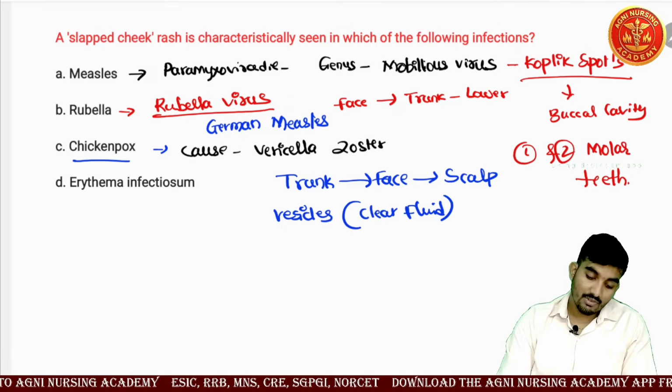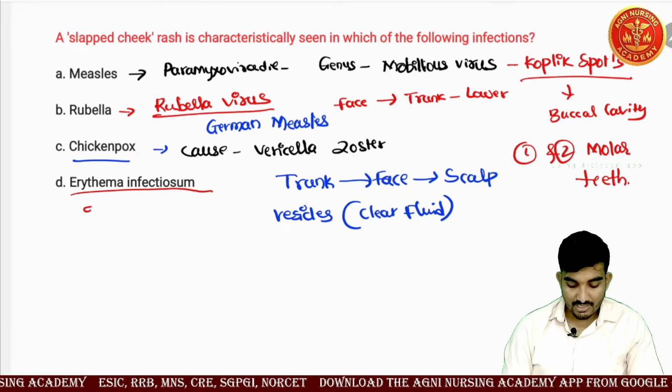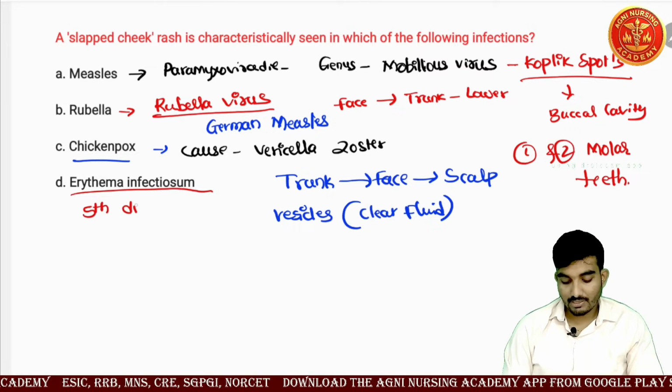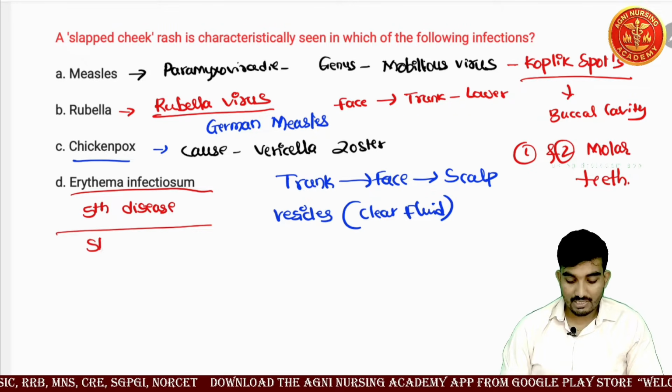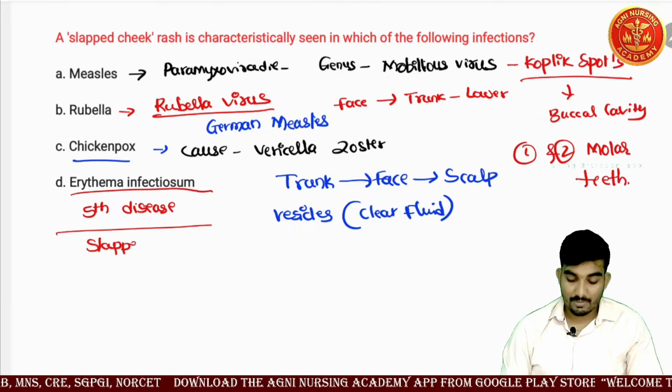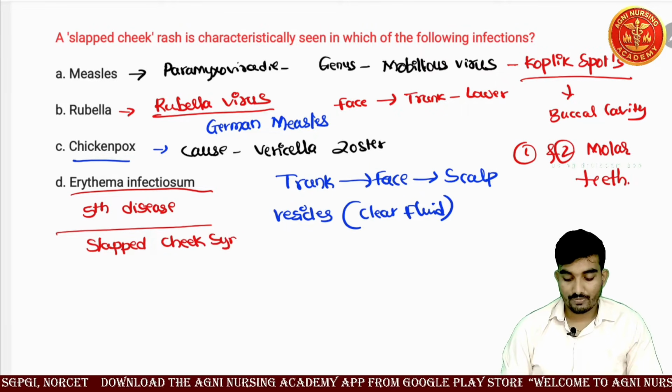Last, we will discuss erythema infectiosum. It is also called fifth disease, and also slapped cheek syndrome.